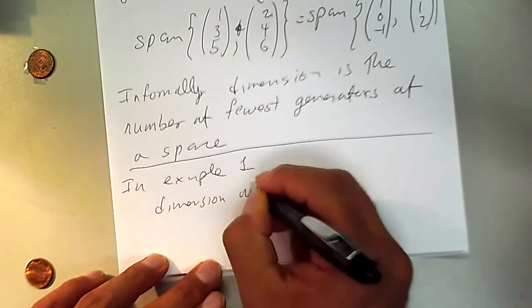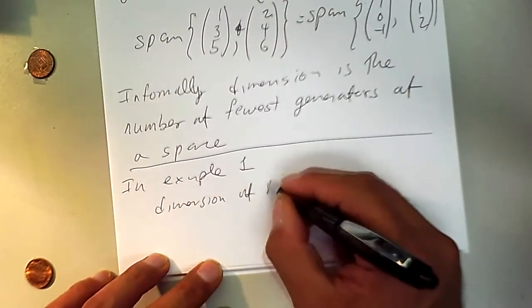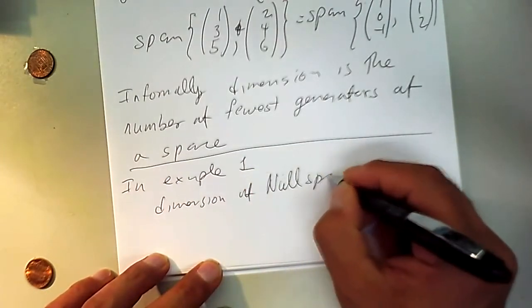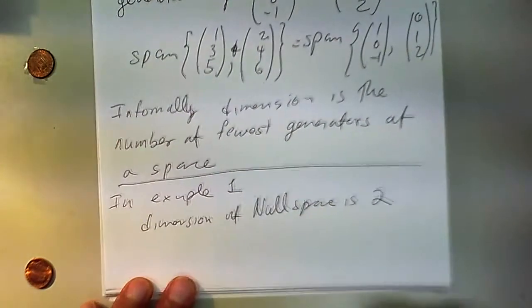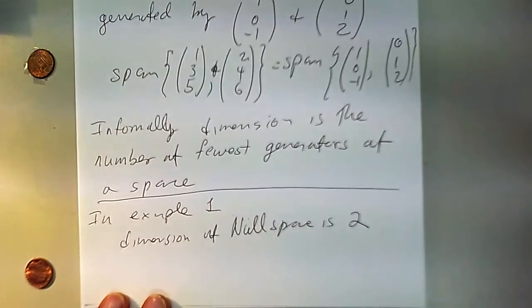The dimension is 2 because we need 2 generators, well, those 2 generators.